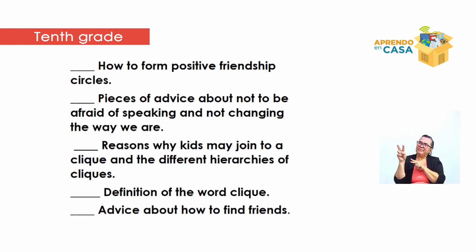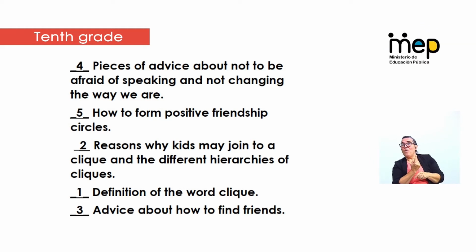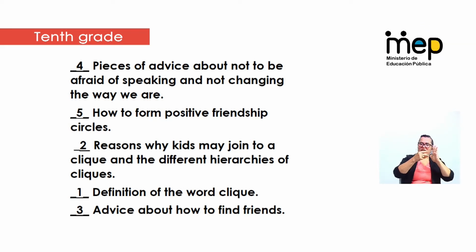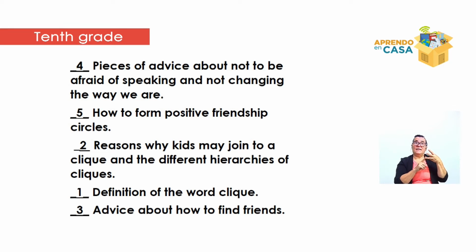Let's look at the answer. Number 1 is regarding the definition of the word clique. Number 2, reasons why kids may join a clique and the different hierarchies of cliques. Number 3, advice about how to find friends.